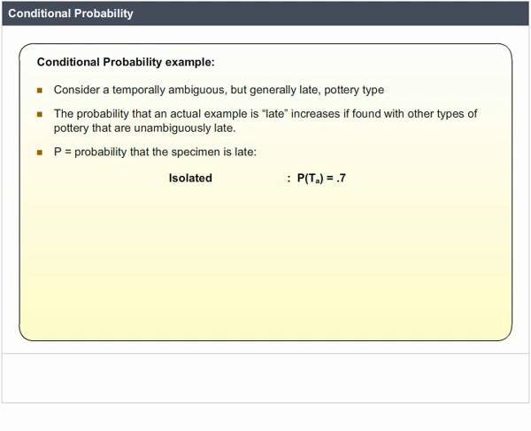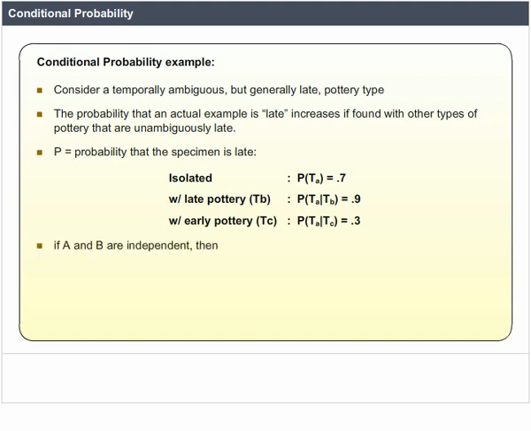Isolated, probability of TA equal to 0.7. Given late pottery TB, P of TA given TB equal to 0.9. Given early pottery TC, P of TA given TC equal to 0.3.